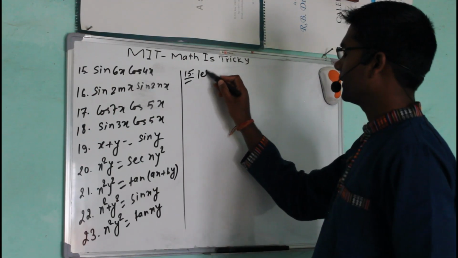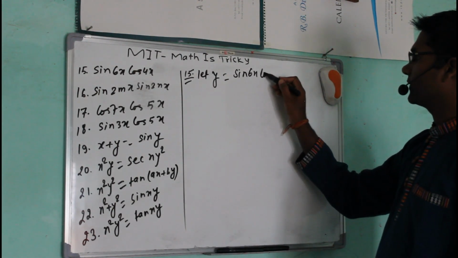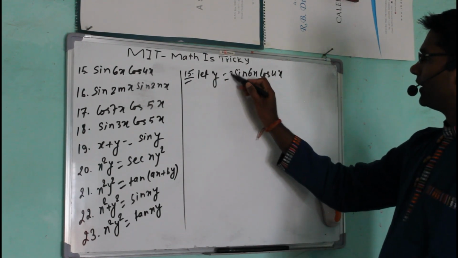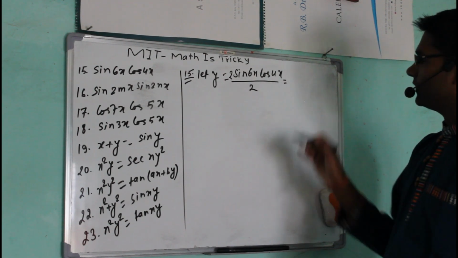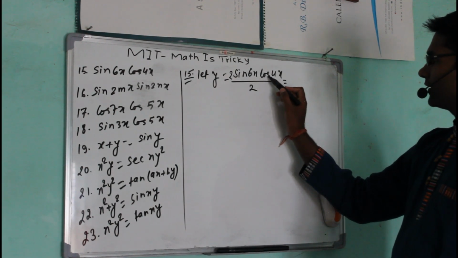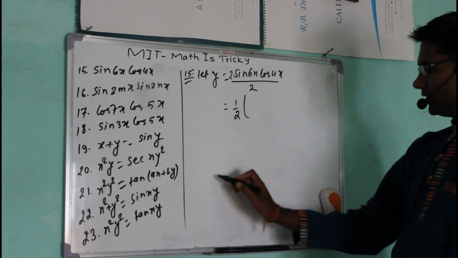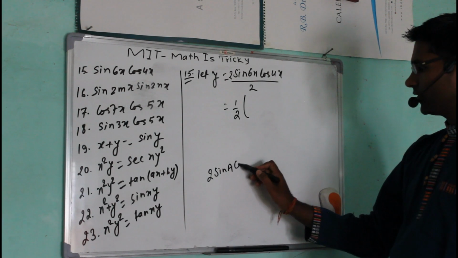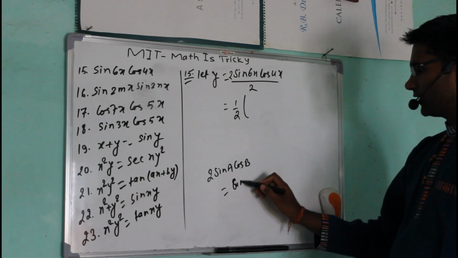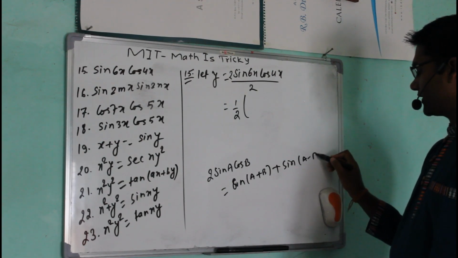Number 15 here, let y equal sine 6x times cos 4x. What we can do here is multiply up and down by 2, so it can be written as 2 sine A cos B. We have a formula for that: 2 sine A cos B is sine of A plus B plus sine of A minus B. This is the formula I'm using here.